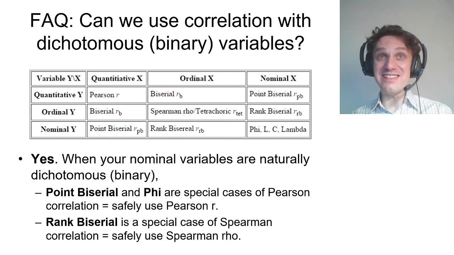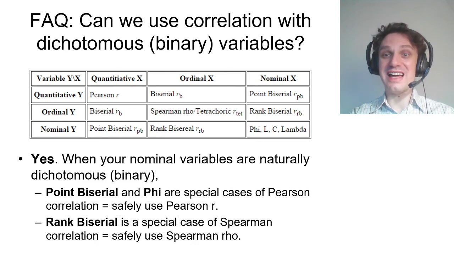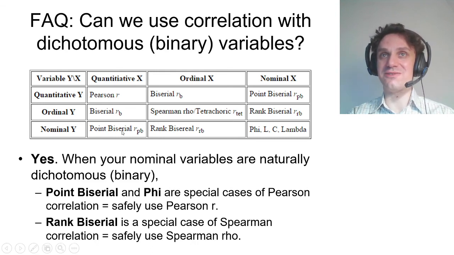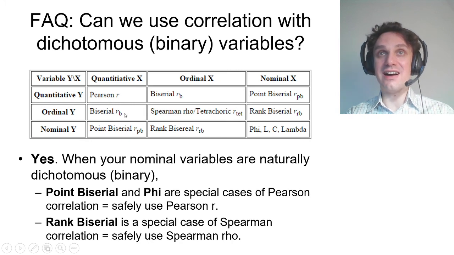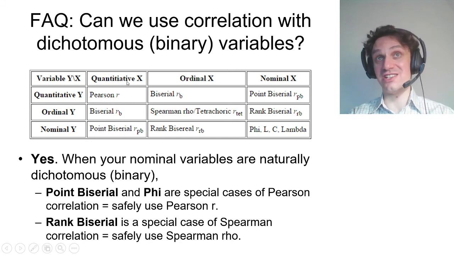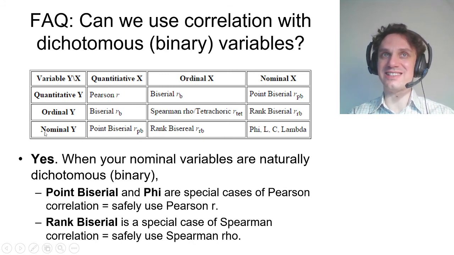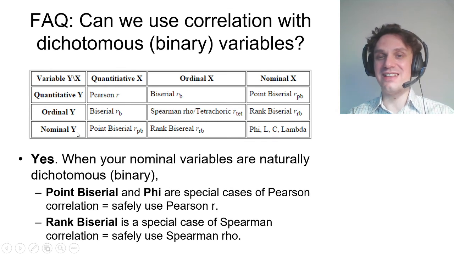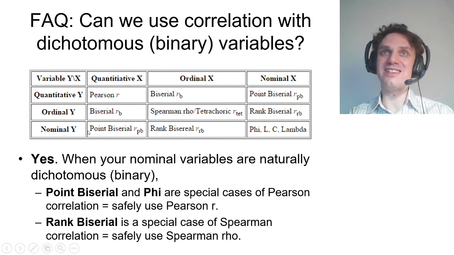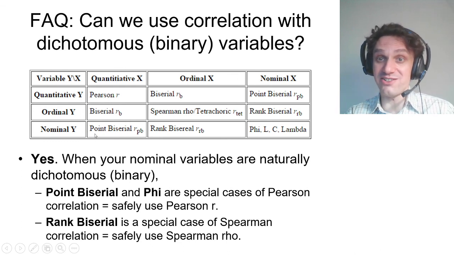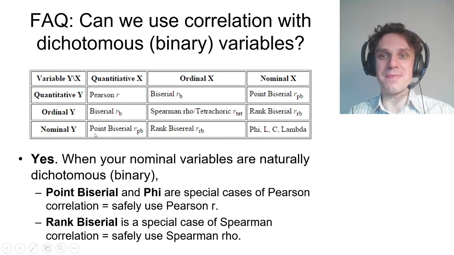But because they are binary, the special types of correlations that you would use are exactly the same as Pearson correlation. If one of these variables is nominal and another one is quantitative, for example, correlation between gender and exam score, this point biserial correlation is equal to Pearson correlation. So you can calculate normal Pearson correlation and get the result.